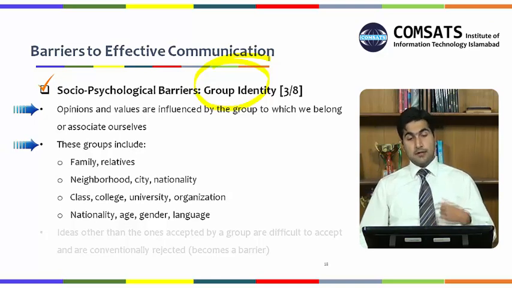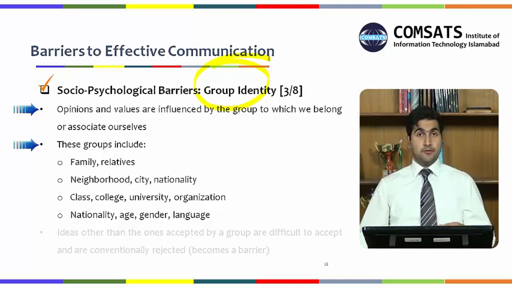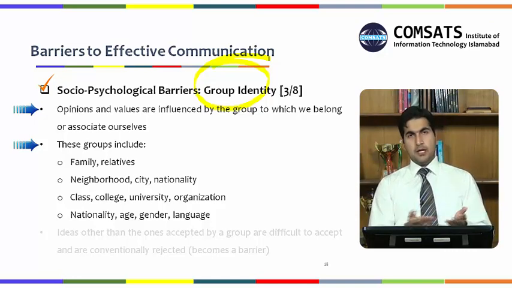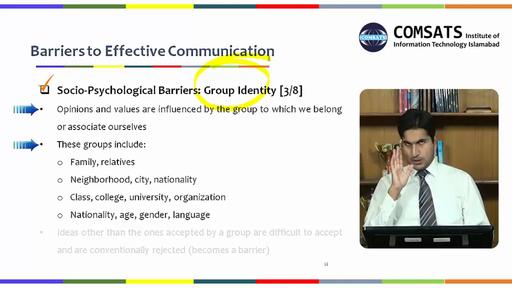Family, relatives, you have a neighborhood, you can represent yourself as a city, you can have a common nationality, a class at a college or a university, or even a workplace where you're working, and taking it to an even higher level, common nationality, people of common age, a group, one's gender, a group, and even people speaking one language, a group.